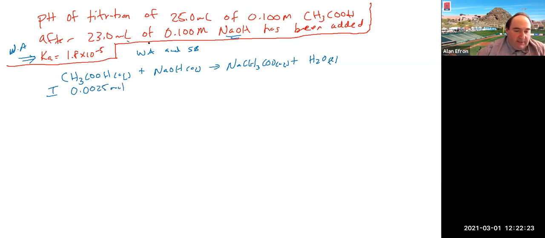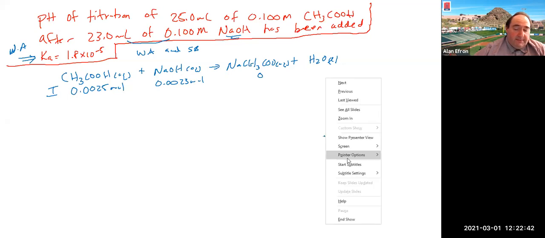We have enough information to get our moles of sodium hydroxide, 0.023 times 0.1, 0.0023 moles of this. Any questions on how I got the moles there? So volume times molarity, making sure you convert to liters, because you do need to do that.